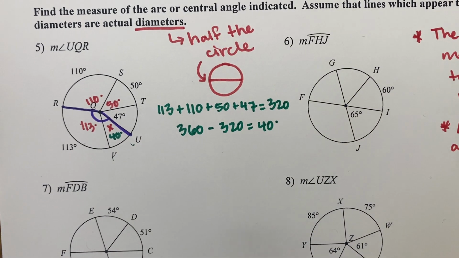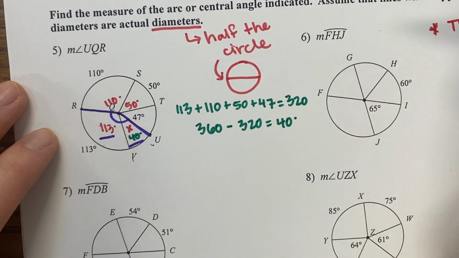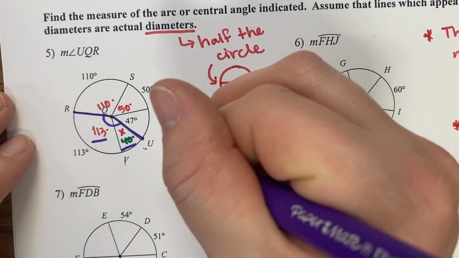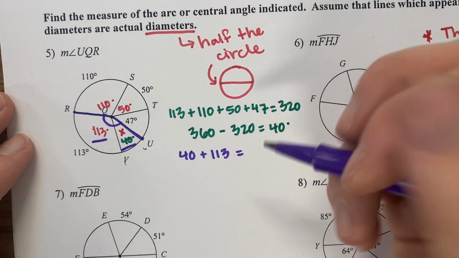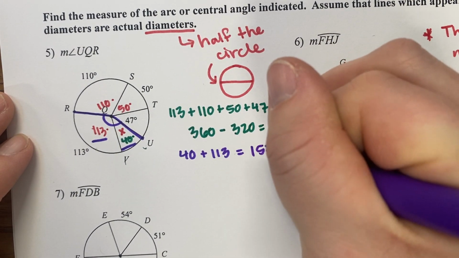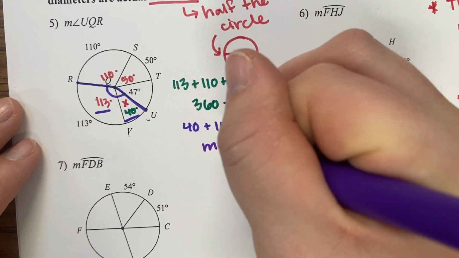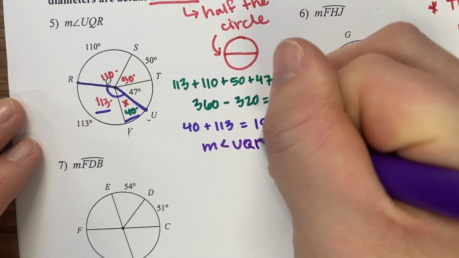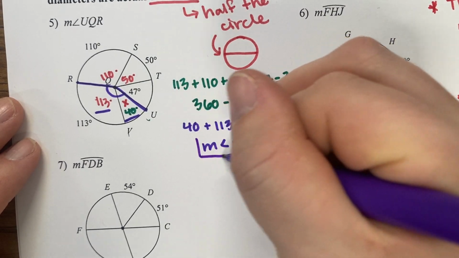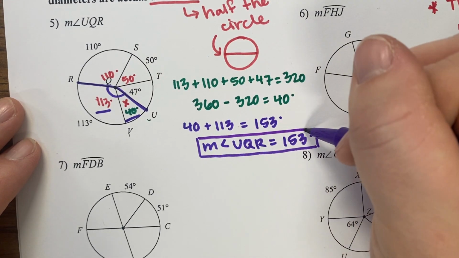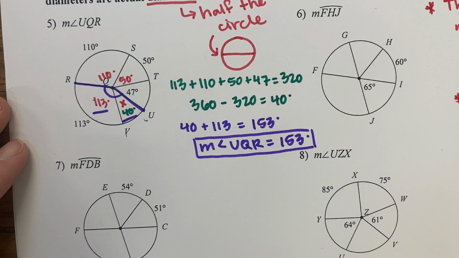Okay, so now all we have to do is take 40 plus 113 that it gave us, and that's going to be 153 degrees. Okay, so how we write this as our final answer: the measure of angle UQR equals 153 degrees. And there's our answer. Okay, beautiful.